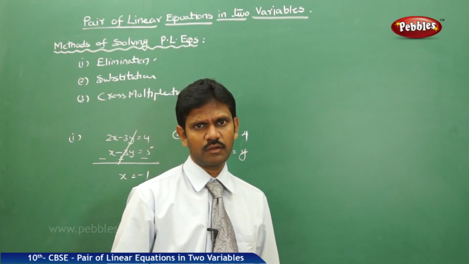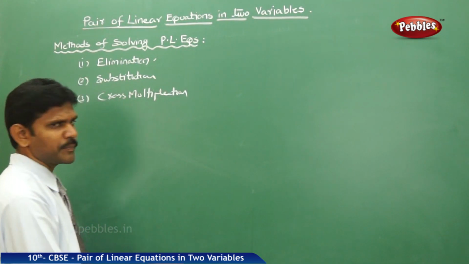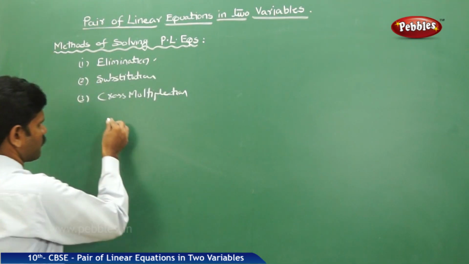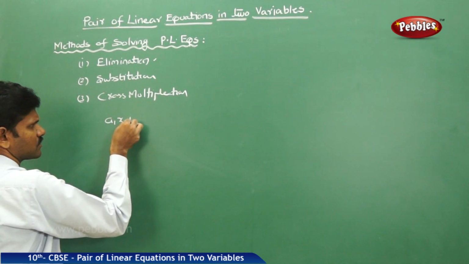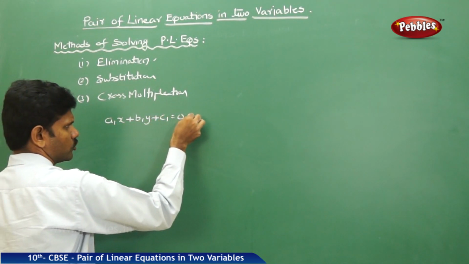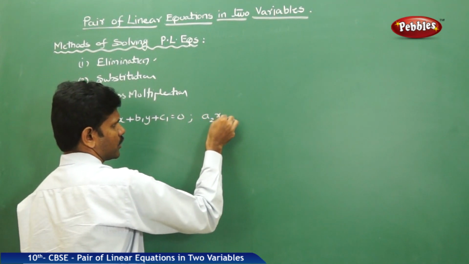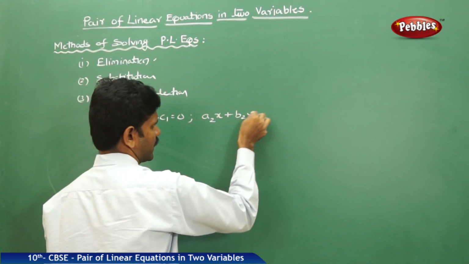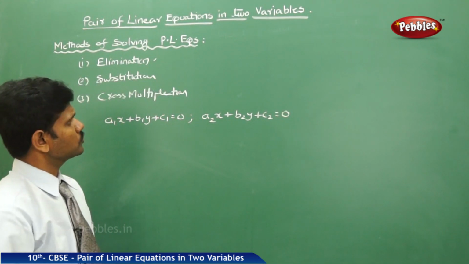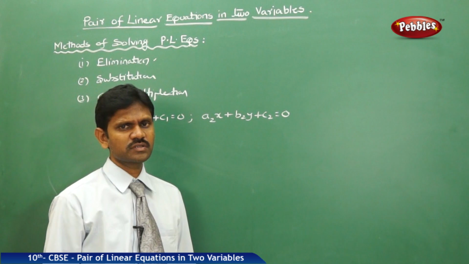Now let us suppose a1x plus b1y plus c1 is equal to 0, and a2x plus b2y plus c2 is equal to 0 are the two pair of linear equations.